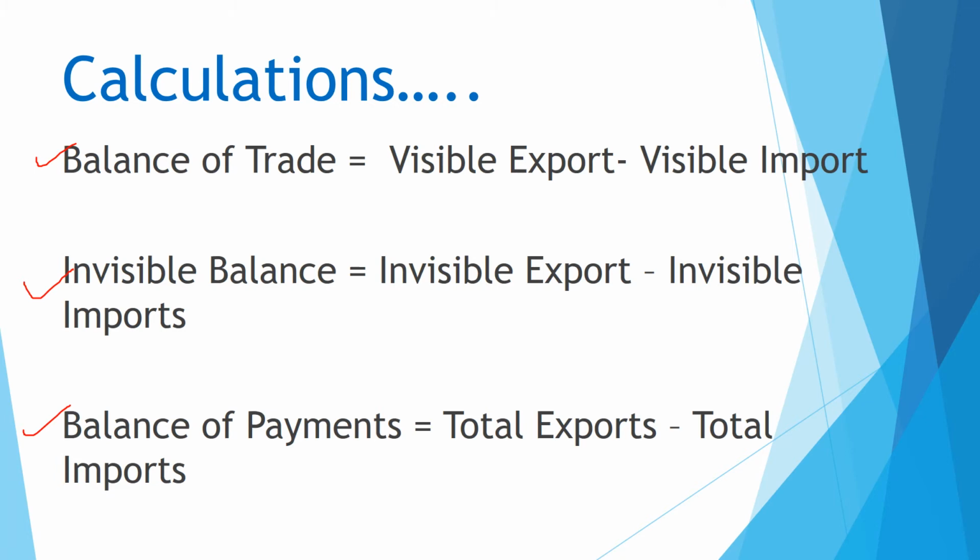The formula for balance of trade is visible exports take away visible imports. And please note, exports are always supposed to be listed first. It doesn't matter what formula you're using, exports are to be listed first, and you are to take away imports from exports.